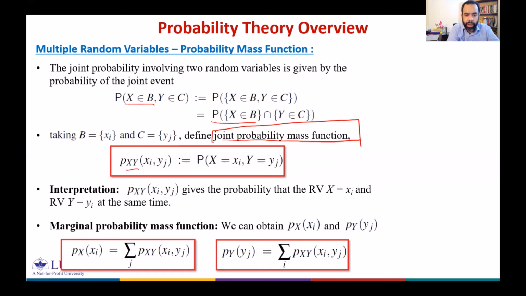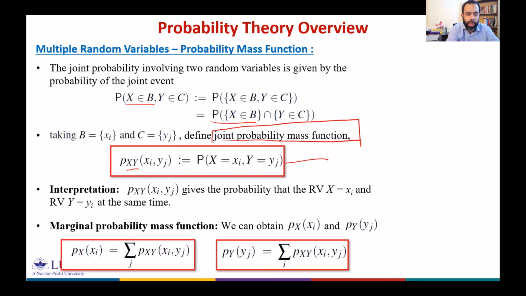For a joint probability mass function, we define the marginal probability mass function. In fact, given the joint PMF, we can recover individual PMFs by averaging out the other random variable.